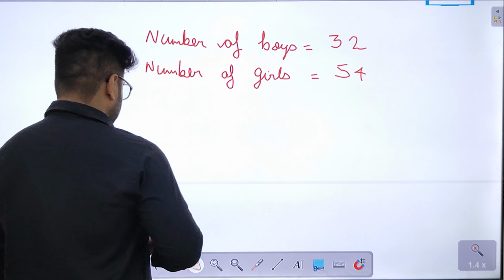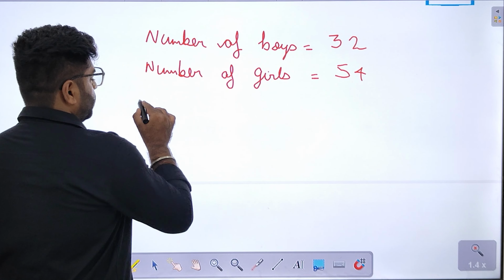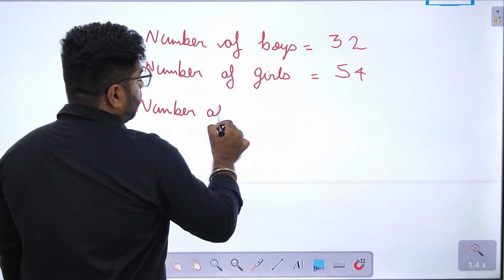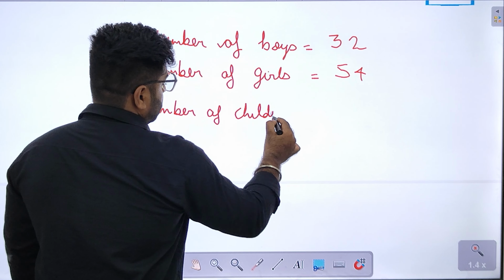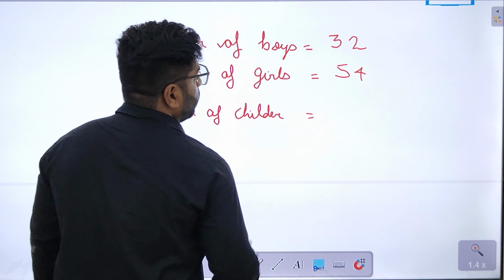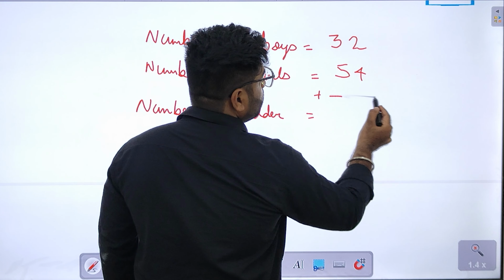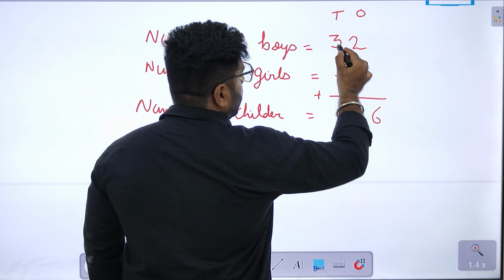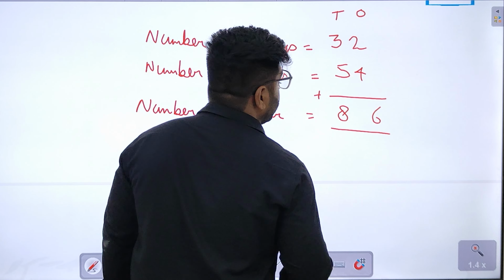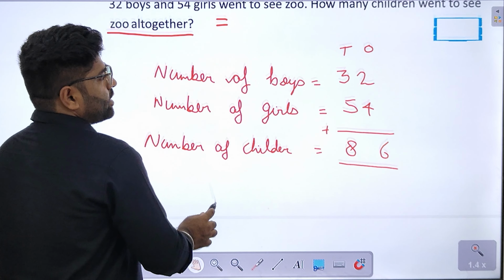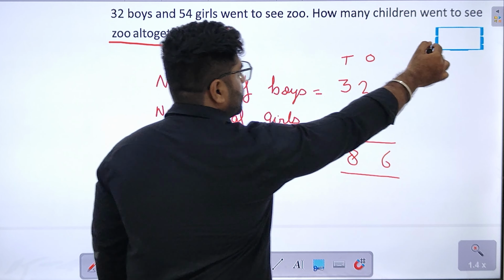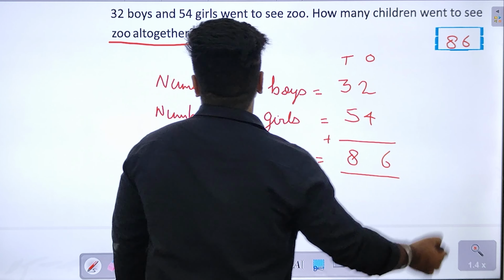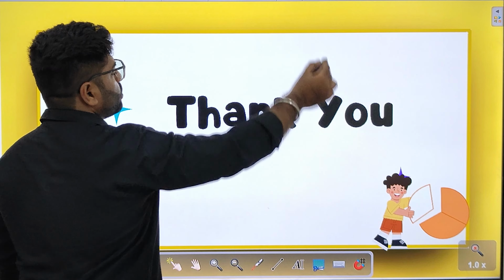And the number of children together in the zoo. So we are going to write here the number of children. For this, we just have to add these numbers. This is the ones place, this is the tens place. 4 plus 2 is 6, and 5 plus 3 is 8. So we are having the total number of children is 86. Clear? So our answer is 86 children are there in the zoo altogether.